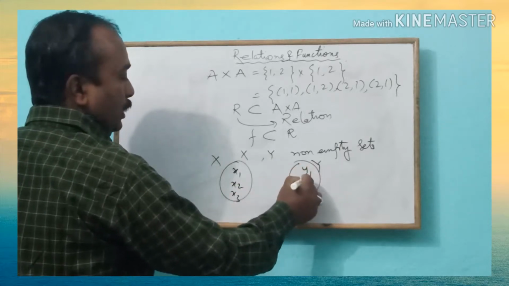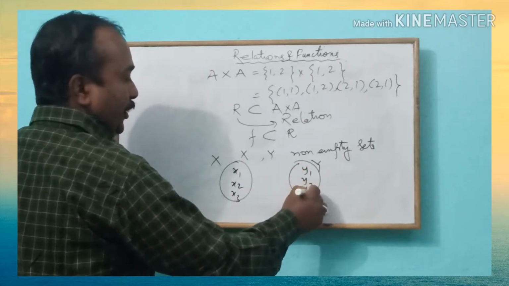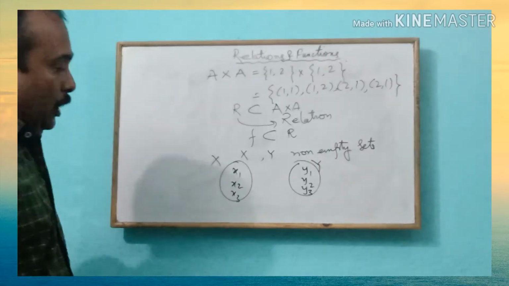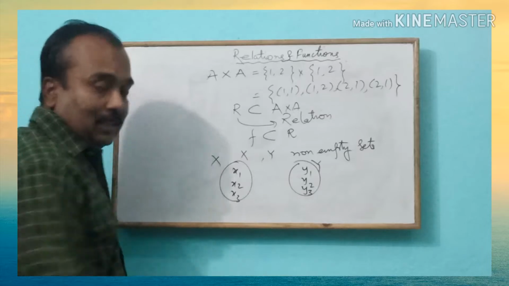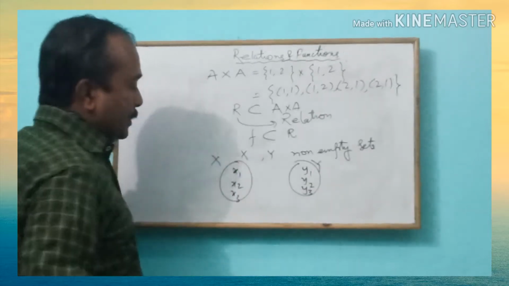Here we have y1, y2, y3. So I have taken two finite sets.